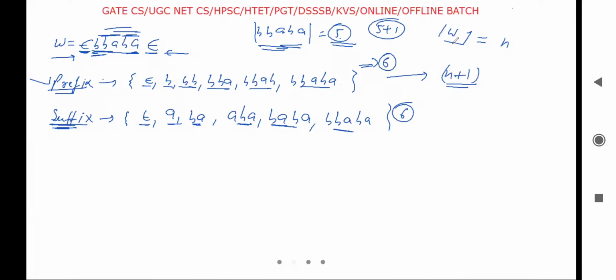So if length of W equal to n, then here also there are n plus 1 suffixes possible. Okay, so what does this mean? If the length of the string is n, then the number of prefixes and suffixes will be n plus 1. So is it clear till this part? Yes, what about others?